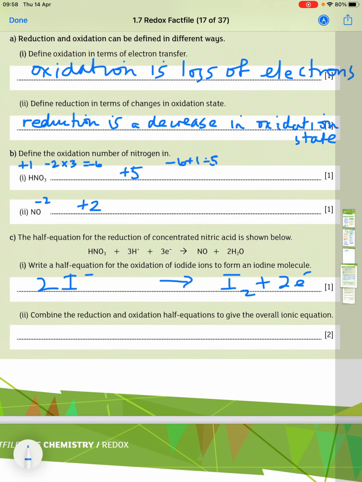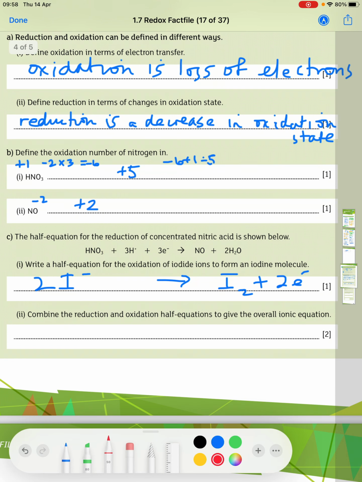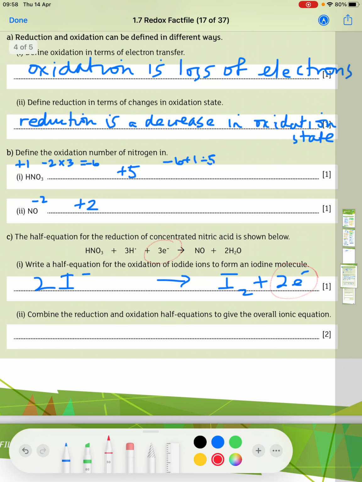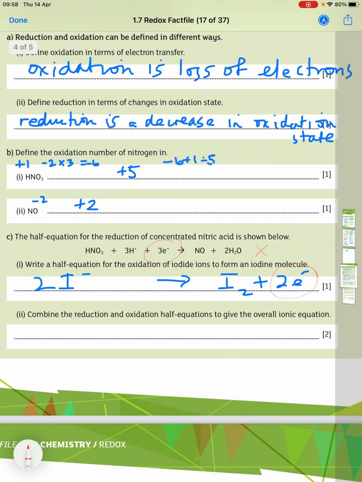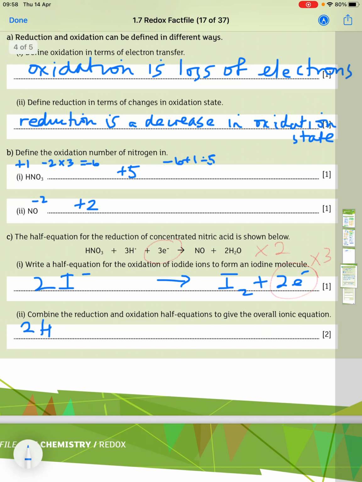So combine the reduction and oxidation half equations to give the overall equation. So that's looking at the one for the nitric acid and the one for the iodine. So in this one we have 2 electrons, and here we have 3 electrons. So we need to multiply this one by 2 and this one by 3.